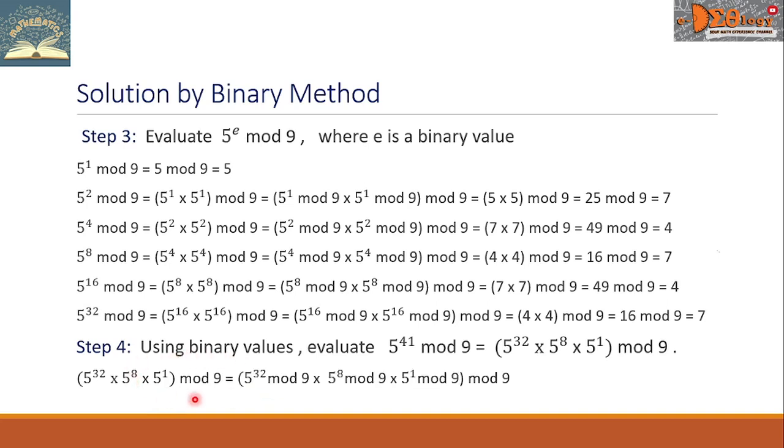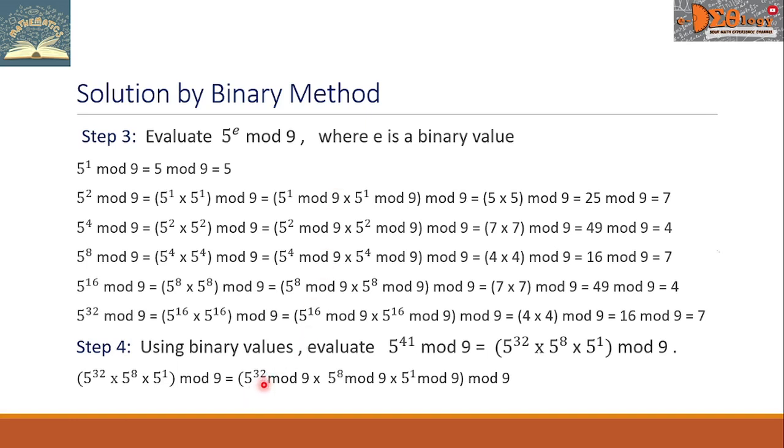We can rewrite this into like this. 5 raised to 32 mod 9 times 5 raised to 8 mod 9 times 5 raised to 1 mod 9, then mod 9. We can get the values respectively from our step 3.